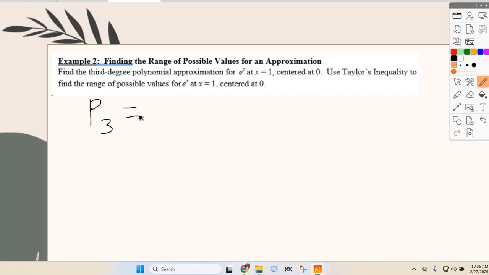Basically all of our derivatives end up being e to the x, and because we're plugging in 0 for all of those, all of our derivative values are 1 when we're centered at 0, and we are specifically centered at 0 here. So remember that we really just end up with our factorials in front of our x's. So that is our third degree approximation of e to the x.